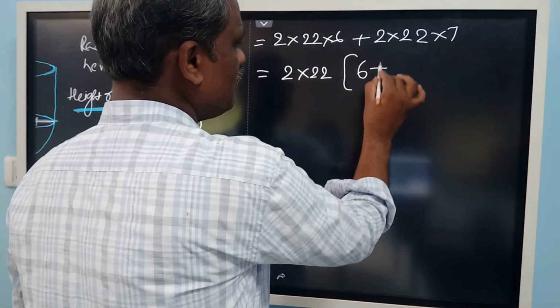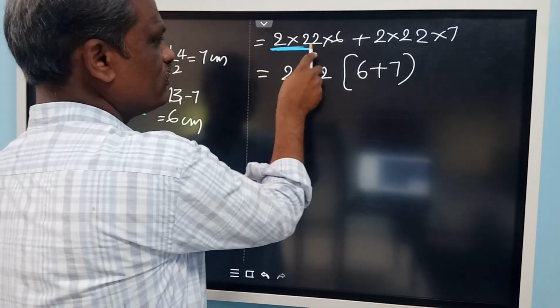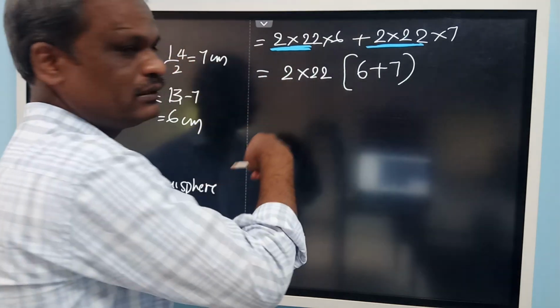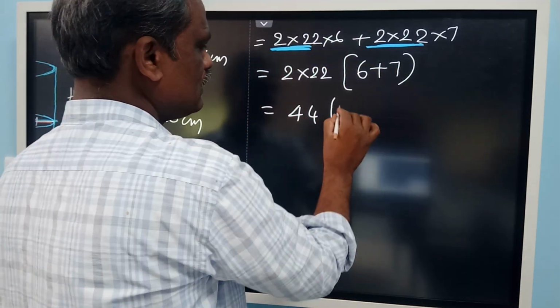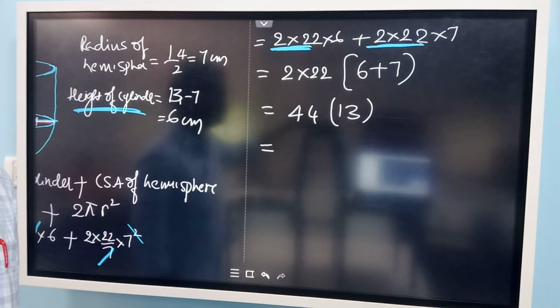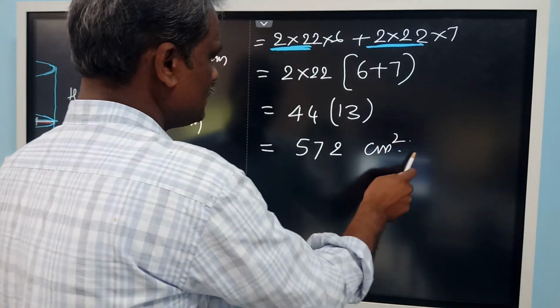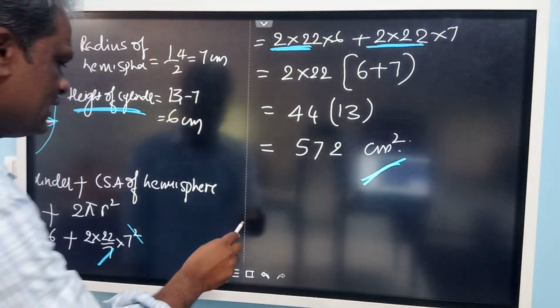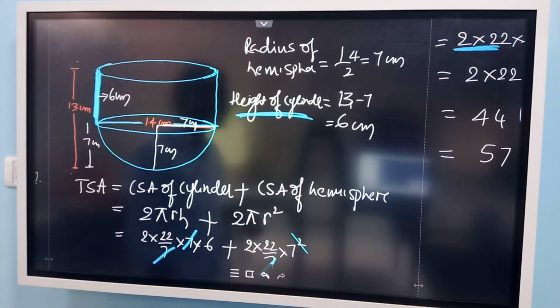Inside the bracket you will be left with 6 plus 7. So it is 44 into 13. What is the product of these two? 572 centimeter square. That is the total surface area of the vessel.